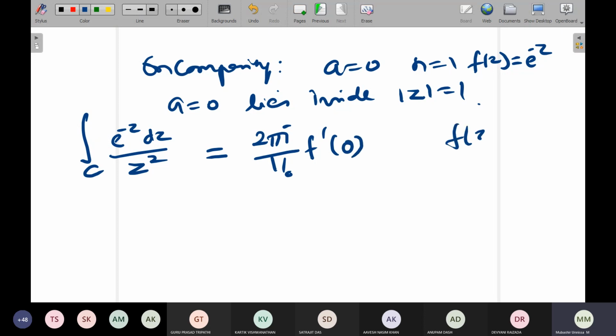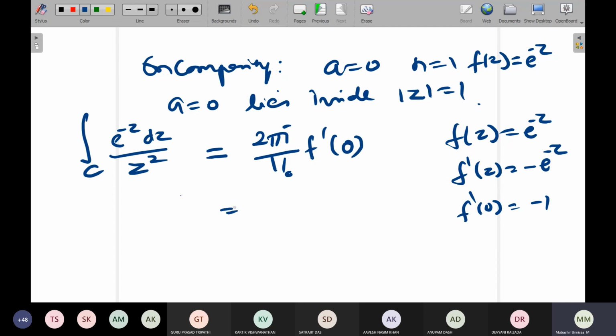F of z is e power minus z, so f dash of z is minus e power minus z. So f dash of 0 will be equal to minus 1. So this will be equal to 2 pi I by 1 factorial into minus 1, which is minus 2 pi I.